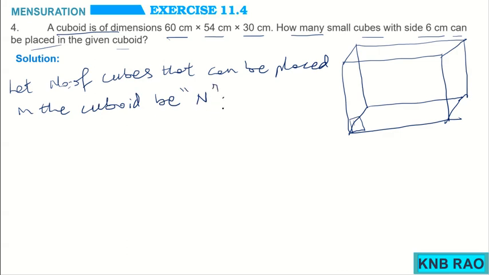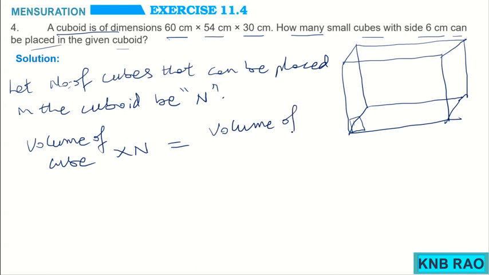I assumed with capital N. Now, volume of cube into n should be equal to the volume of the cuboid. Why I wrote this?